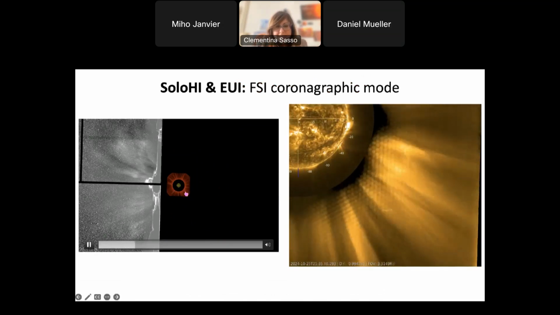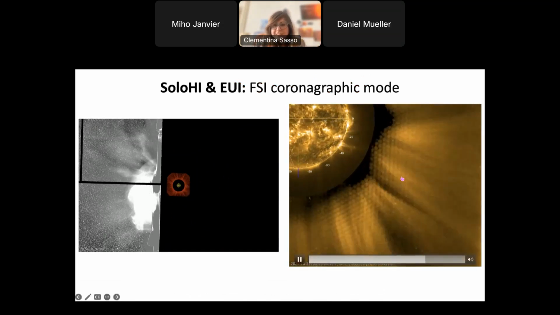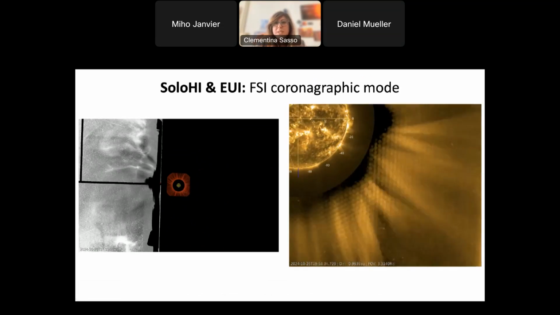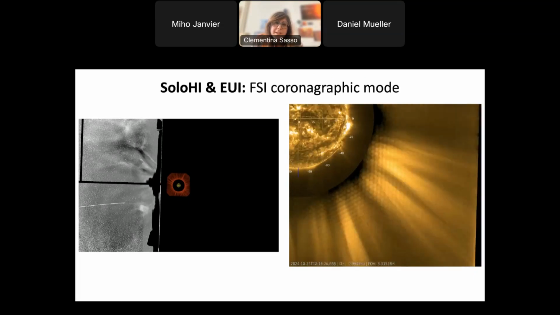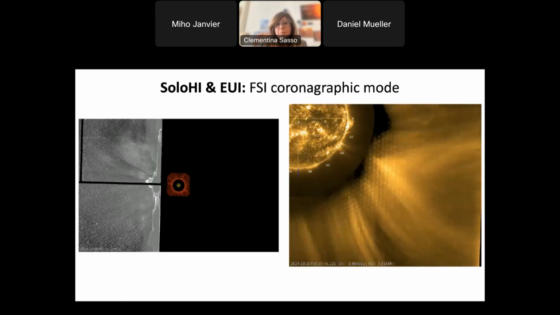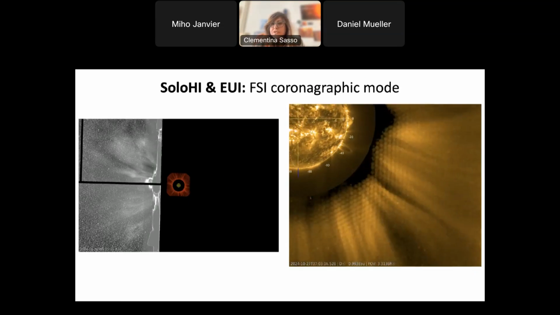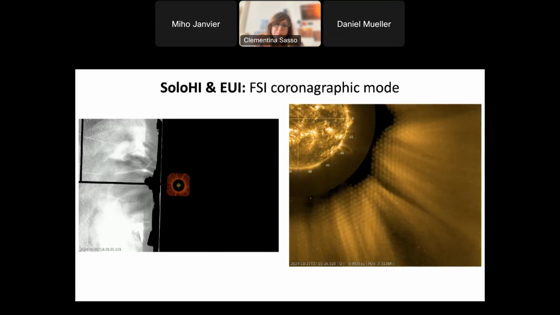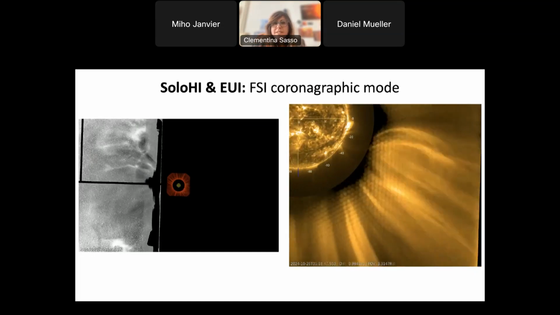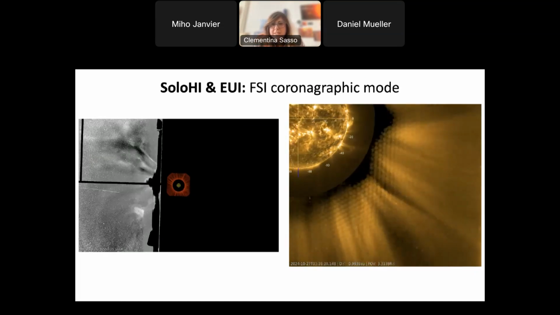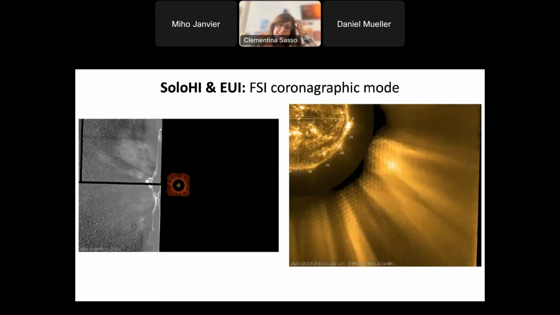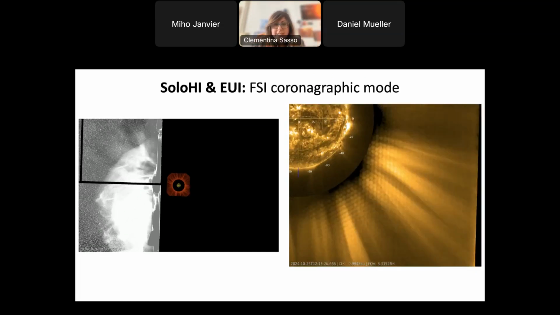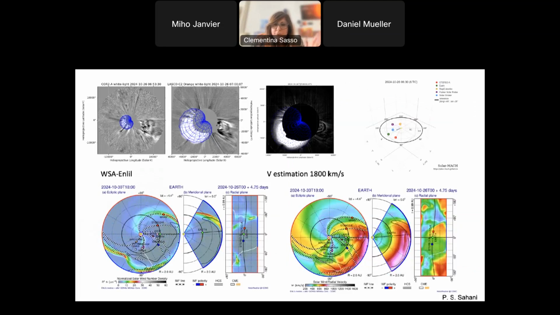But the Metis team instead is working on the other CME and the interaction with the halo CME that we see on the west limb, also because we had EUI in coronagraphic mode, so we also have 3 temperatures in which we can observe the same events. So from the Metis UV and visible light channel, and then from FSI. I will go fast on this.